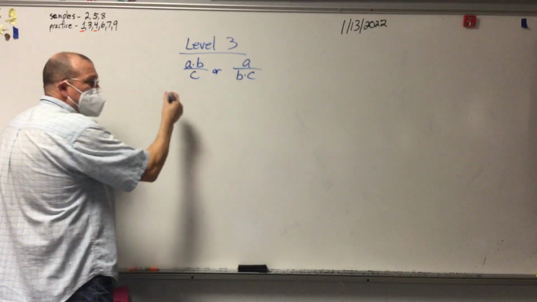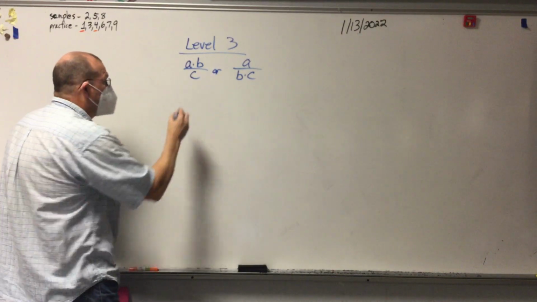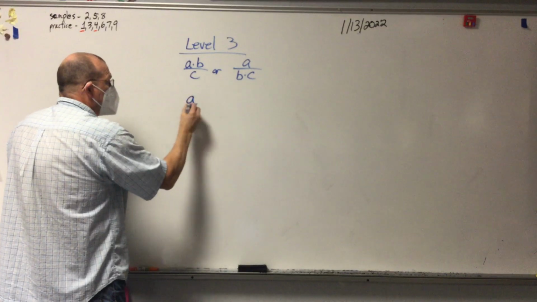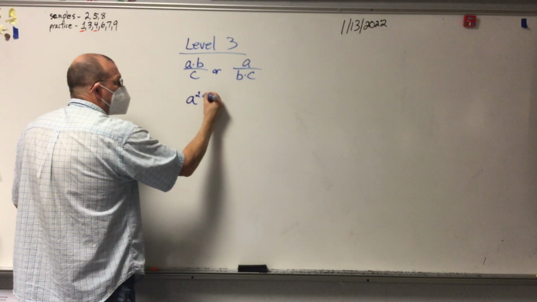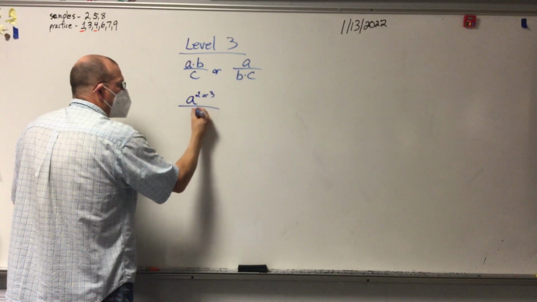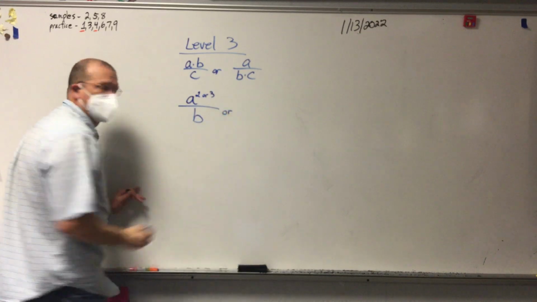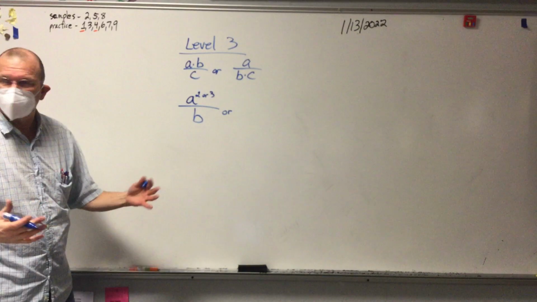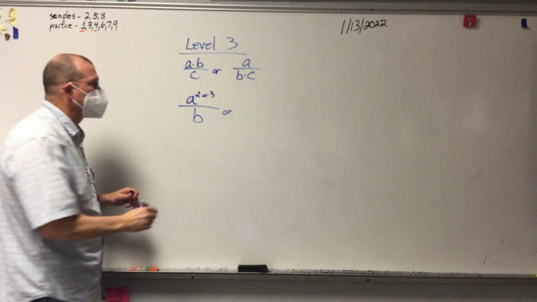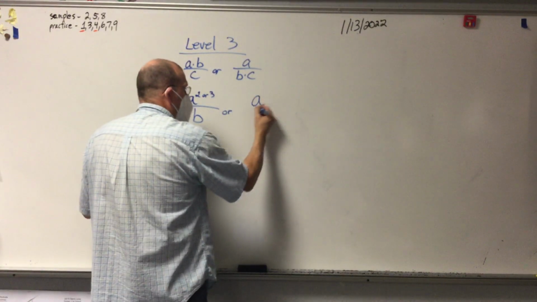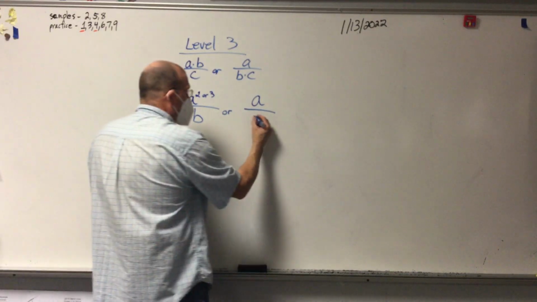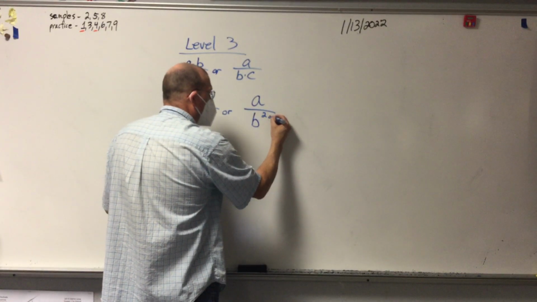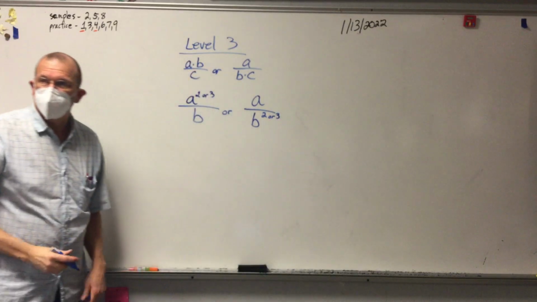Now, one of the other ones that we looked at yesterday was where we had something in the numerator squared or cubed over something in the denominator that was just to the first power, or the thing on top was just to the first power and the unit on the bottom was squared or cubed.